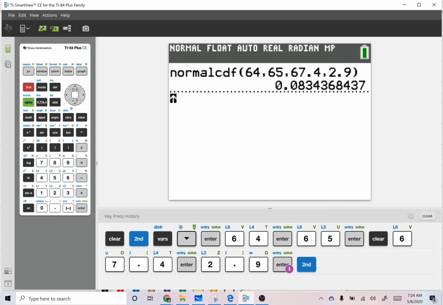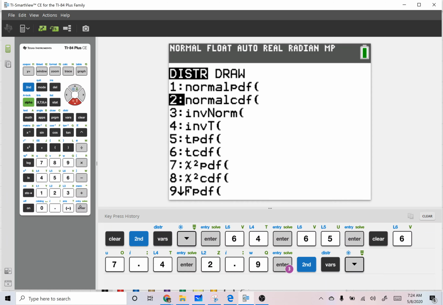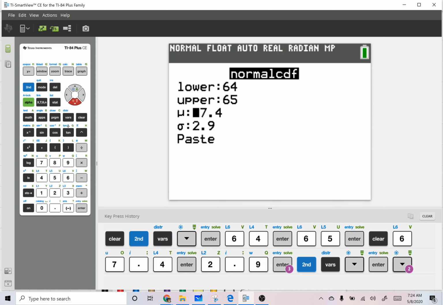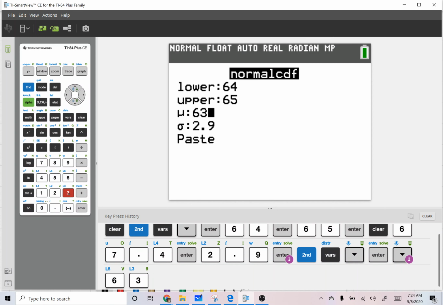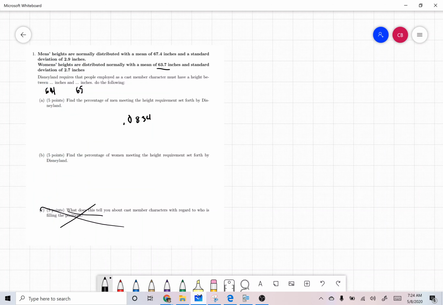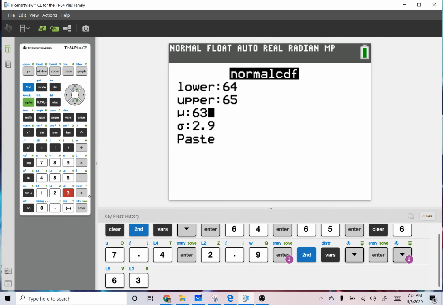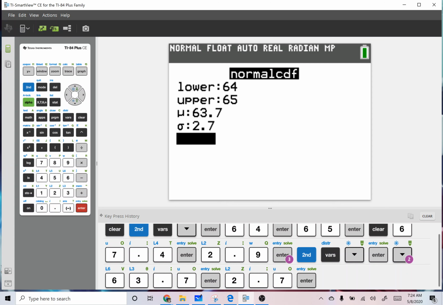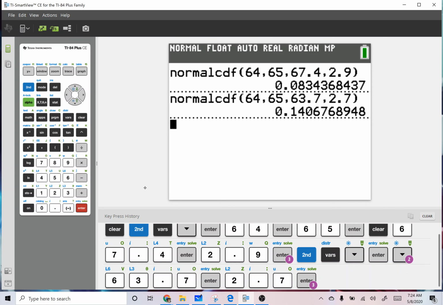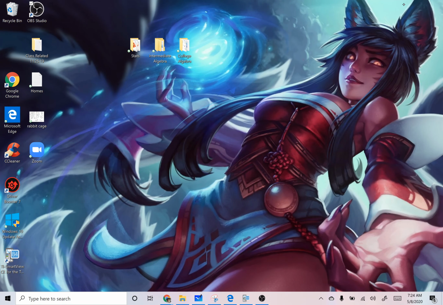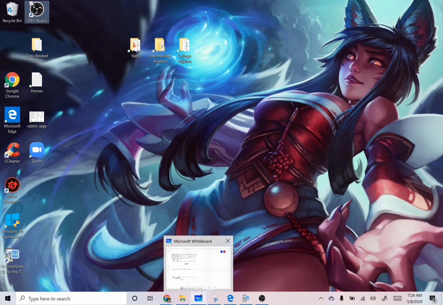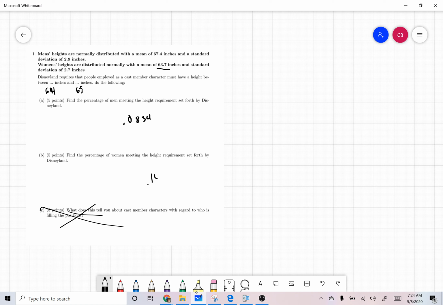If we do this a second time, 63.7, 2.7, the result is 0.1407. So this one's going to be 0.1407.